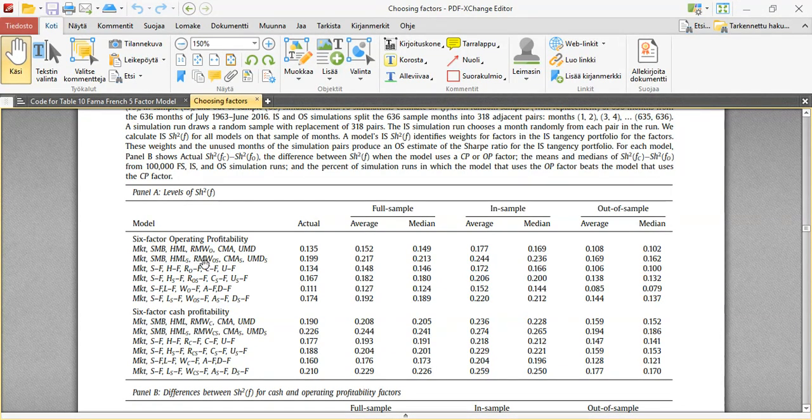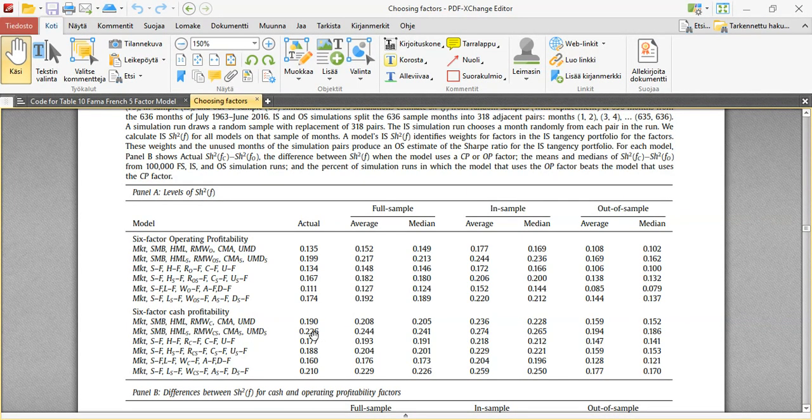Here we have the profitability factor using operating profitability and only small stocks, the investment factor using only small stocks, and the momentum factor using only small stocks. Below, you see the 6-factor model also based upon small stocks for the value, profitability, investment, and momentum factors, but using cash profitability instead of operating profitability.